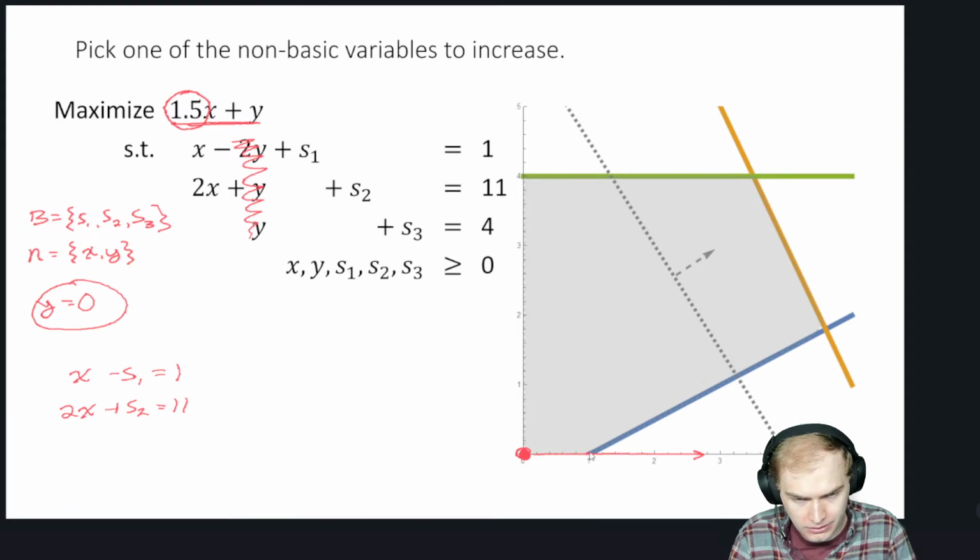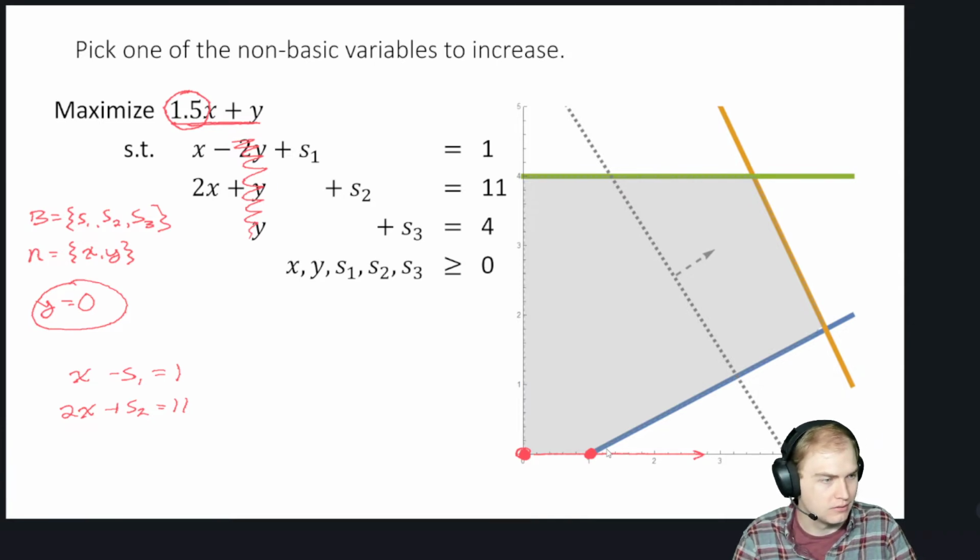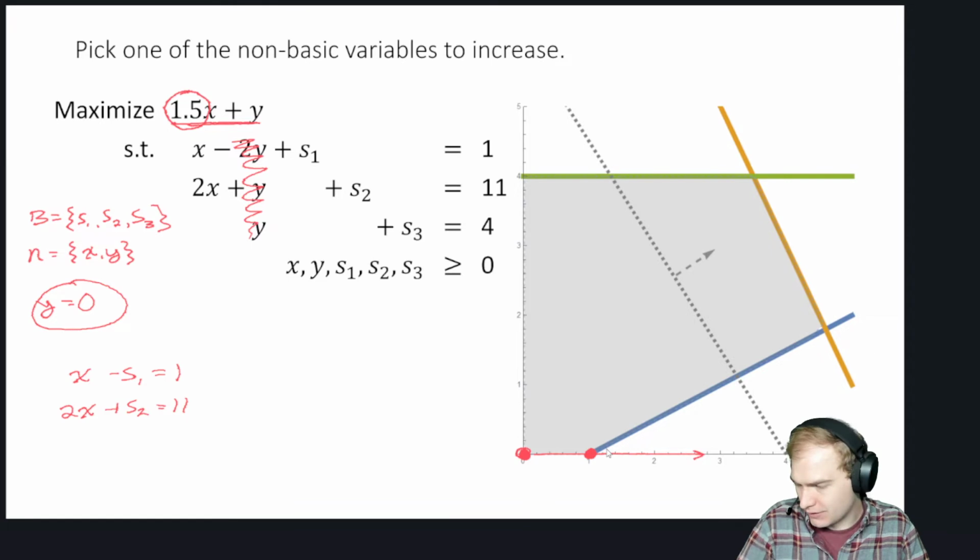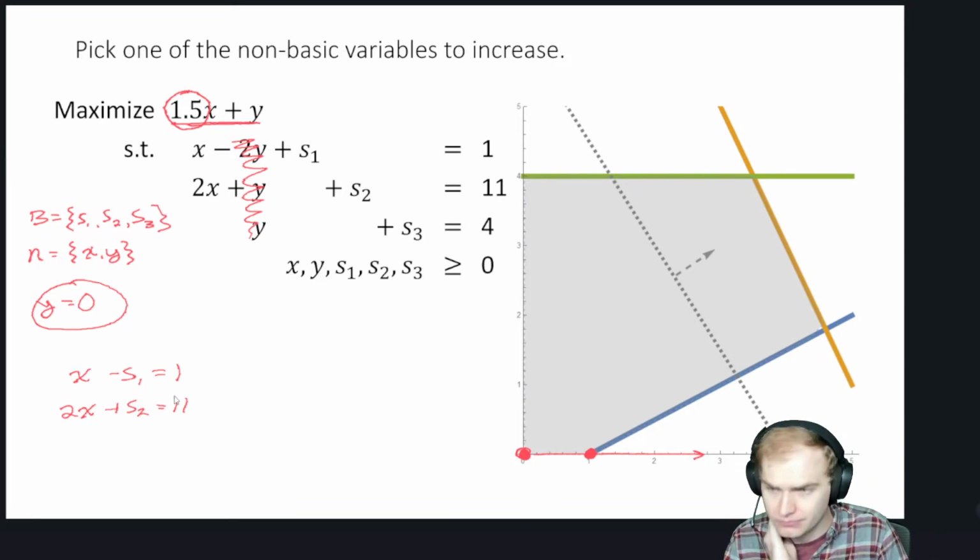But we're going to kick out of our feasible region right there. So we can see that graphically, but how do we determine that algebraically? Well, x minus s1 equals 1.